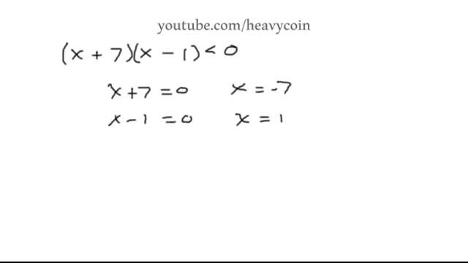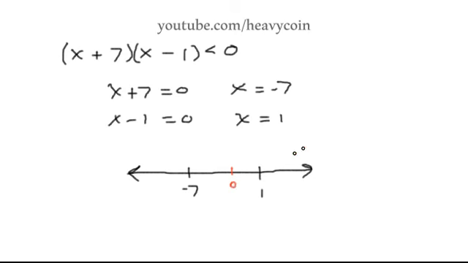Now what we're going to do is draw a number line, and we're going to plot negative 7 here and 1 over here. And then we're going to choose a test point, like 0.